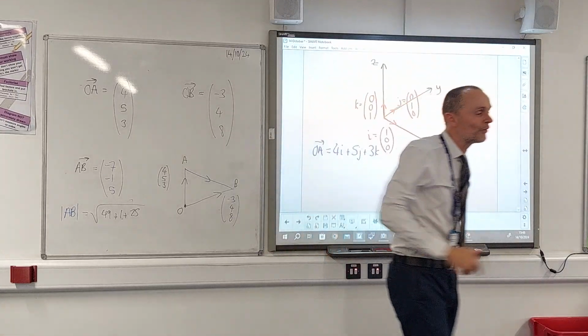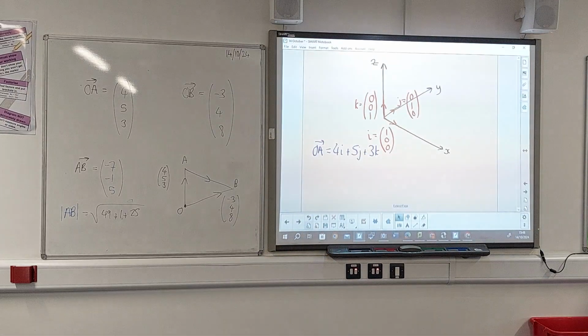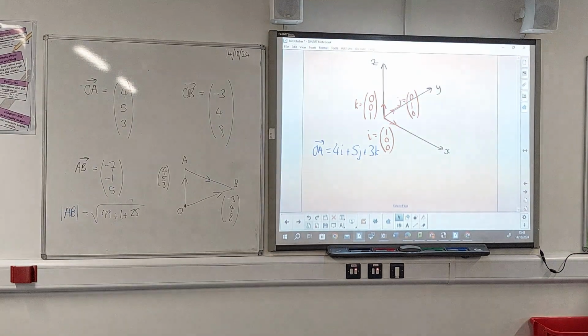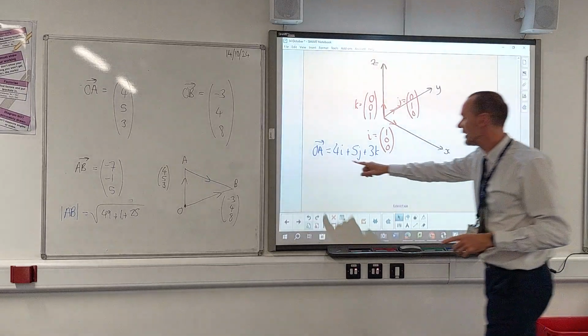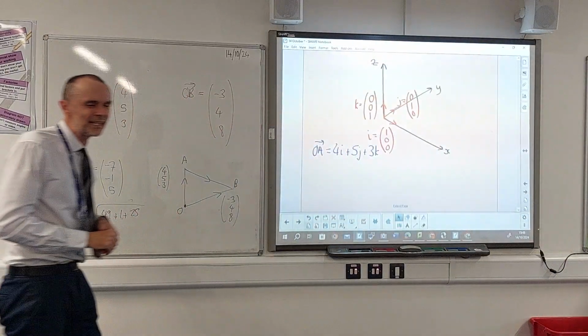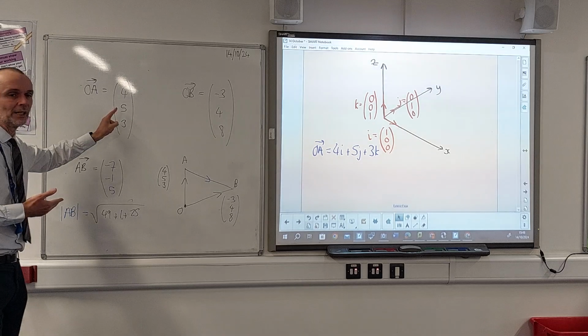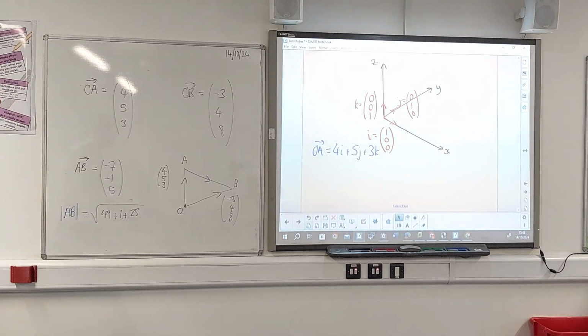So it's a bit of laziness, really, on the part of mathematicians. If you want to represent your work on vectors, it's much easier to be able to type it. And so the IJK notation just makes it a bit more writable. But I have to tell you, whenever I see a question with IJK notation, I rewrite it as a column vector.